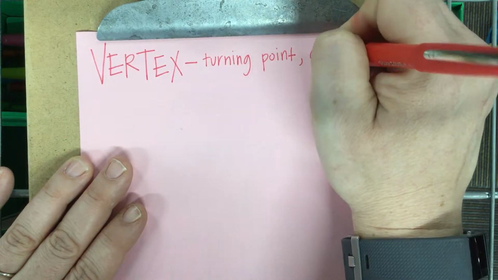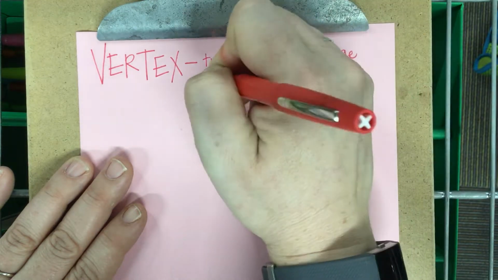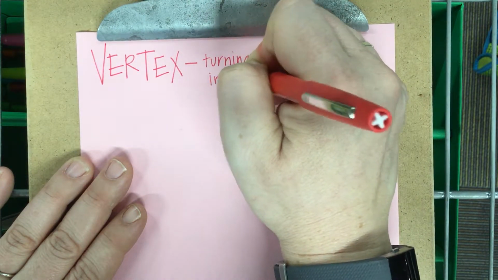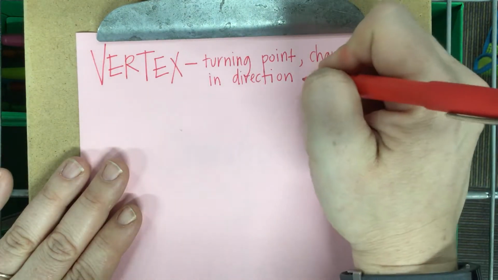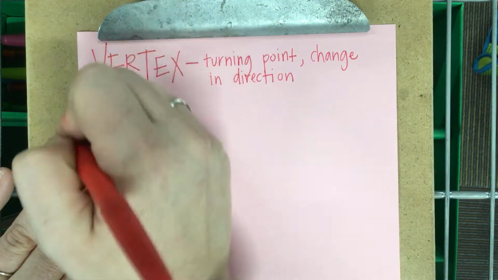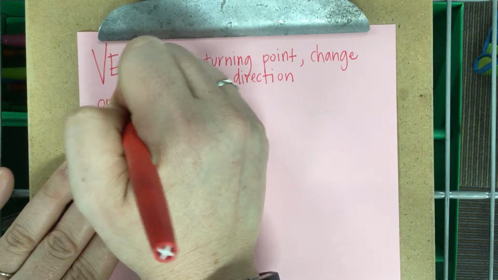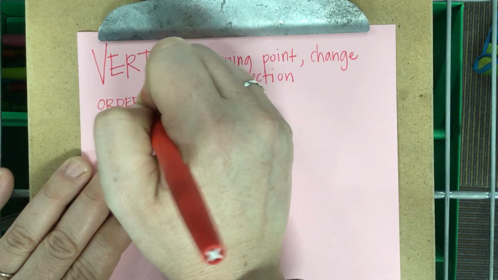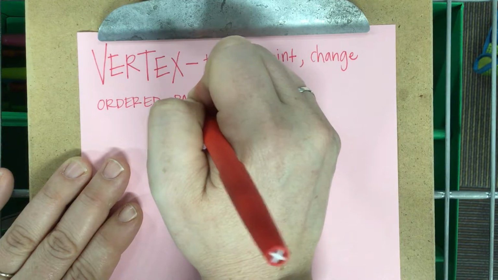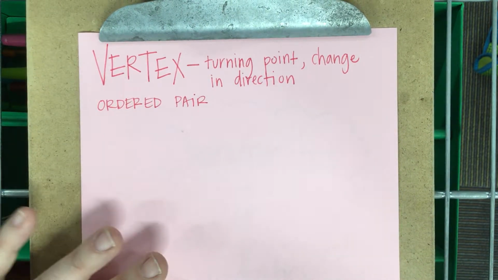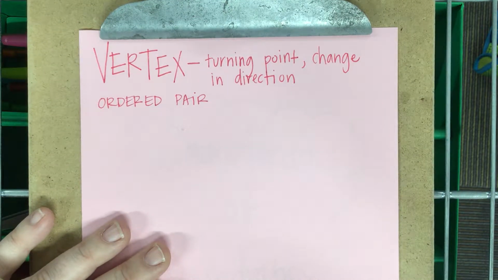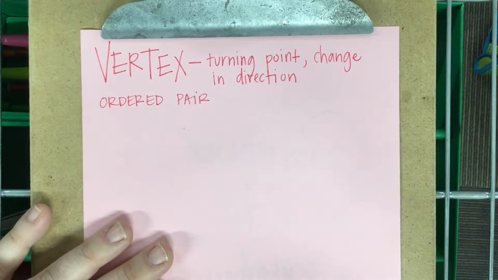A change in direction. In a parabola, it's an ordered pair. And what's the general formula for an ordered pair?